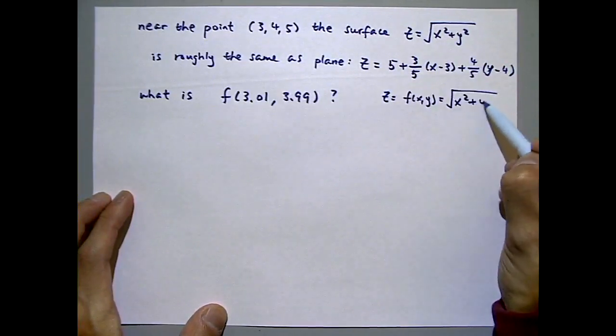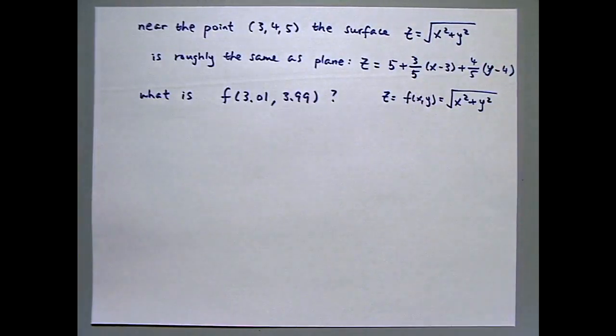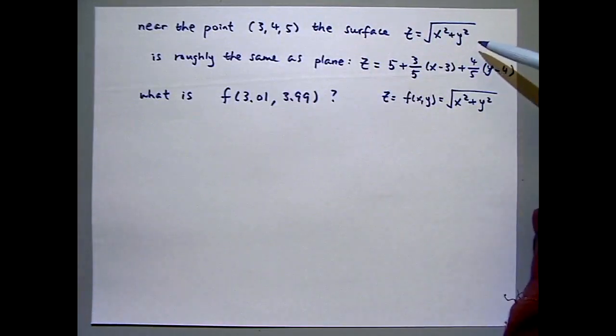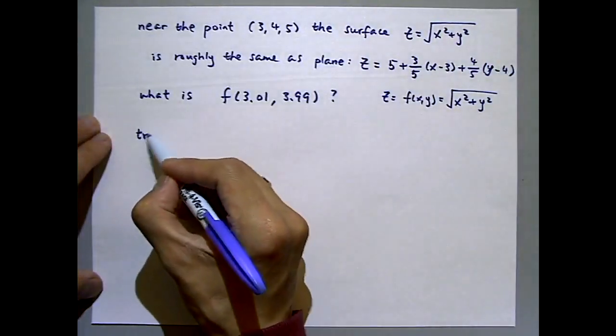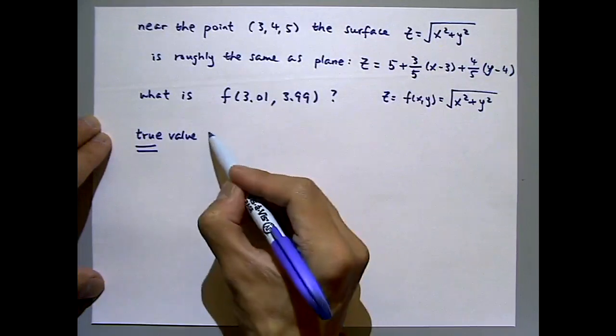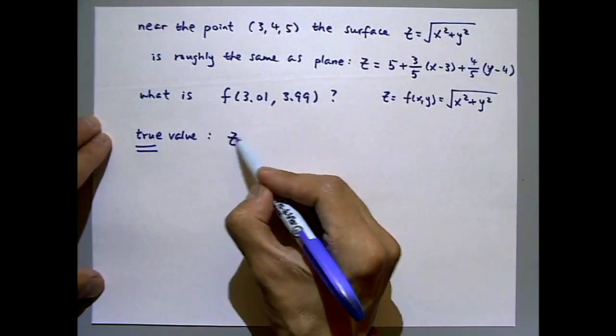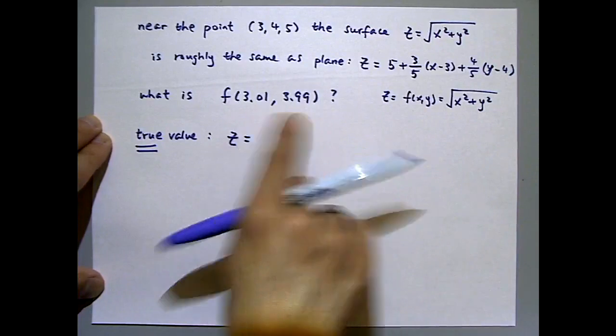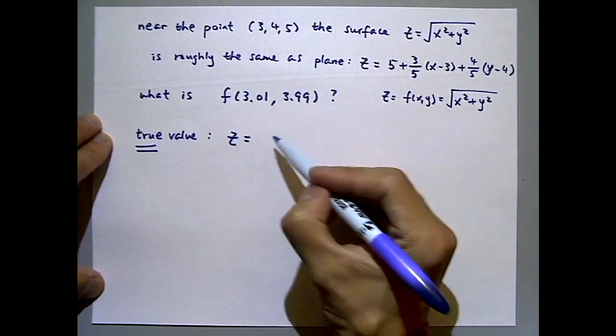All right, so as a reminder, this is the equation we're dealing with. Let's first look at the true value of that z. The true value is you simply plug these into here.